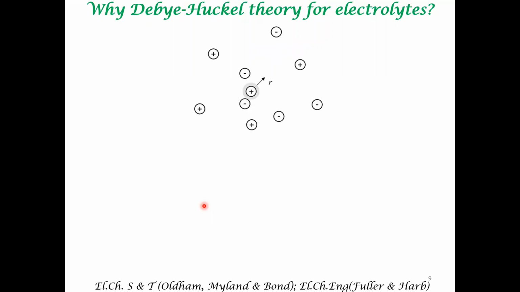This model for obtaining the activity coefficient is called Debye Huckel theory. It's a very interesting model because not only is it interesting in this context, this model building has certain pedagogical relevance to a variety of contexts.